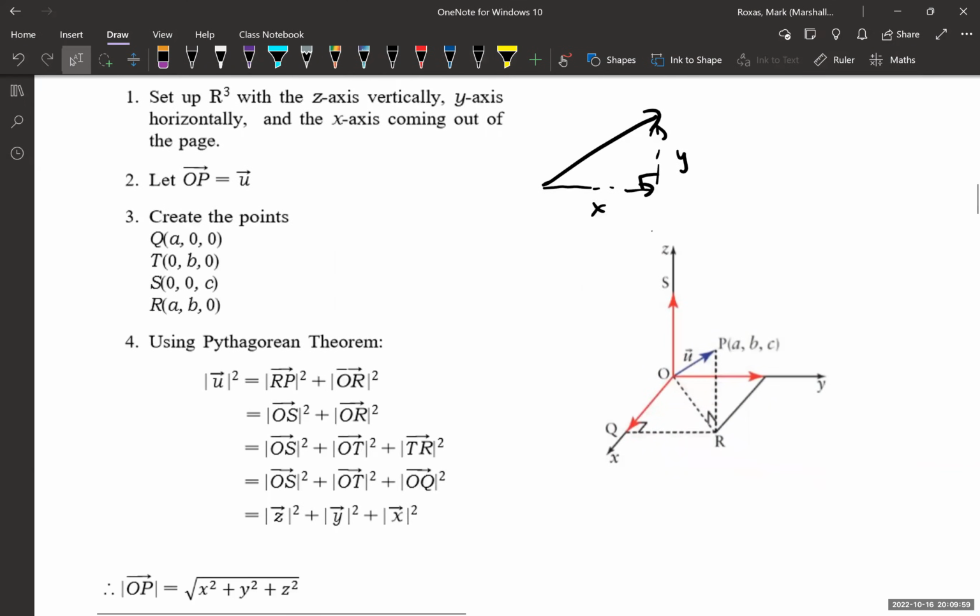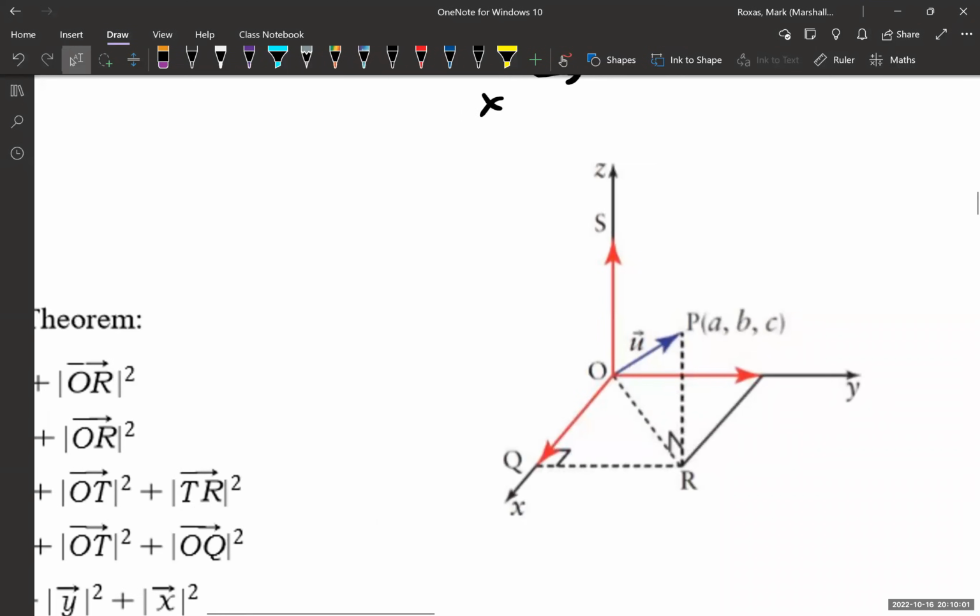So let's start with this diagram here. If I had the vector u, which is just connecting the origin to some point P, and the P is labeled ABC, the 3 coordinates x, y, z, I can say that vector u can be created by creating a right angle triangle, by dropping the head of vector u down to the xy plane. Imagine the xy plane being a piece of paper.